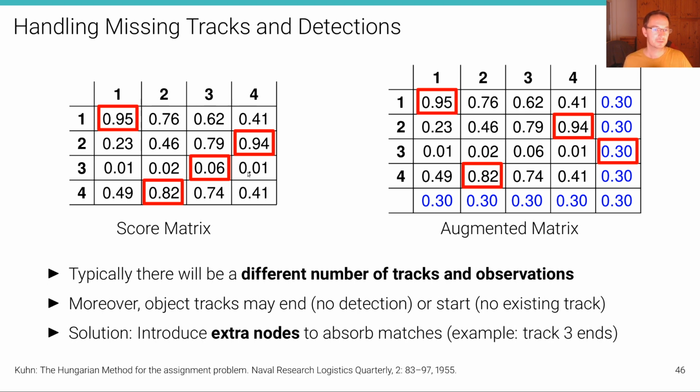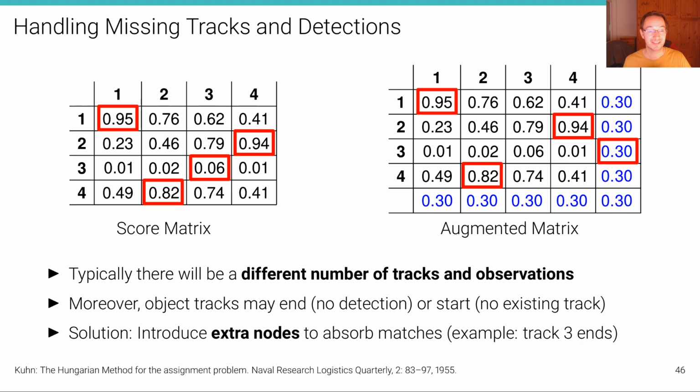This is the optimal solution for this particular situation where we have 4 tracks and 4 detections. And you can see that for track 1 and detection 1, we have a pretty high similarity, and also for track 2 and track 4. But for track 3, none of the objects is really a plausible detection.